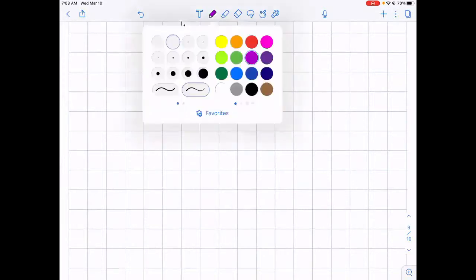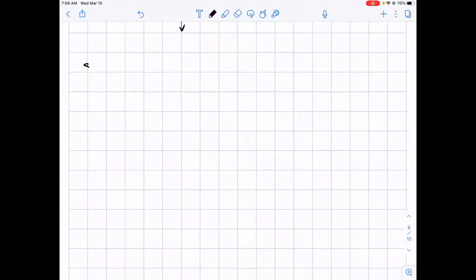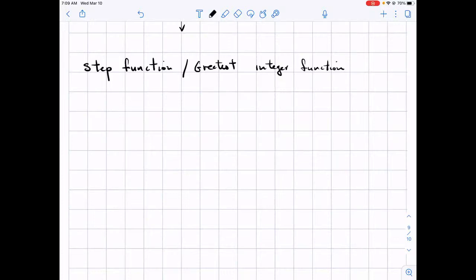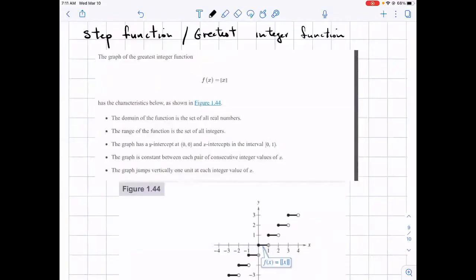So we have the step function, and we call that also the greatest integer function.